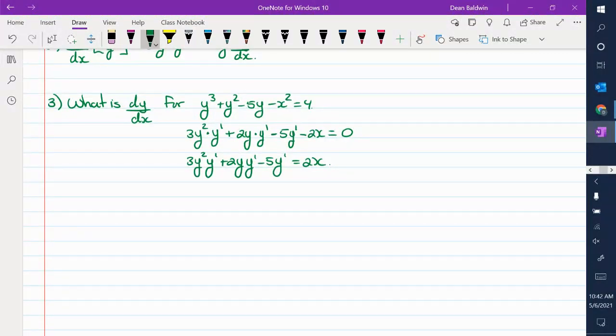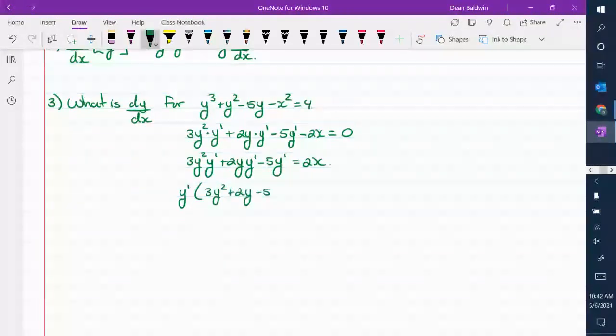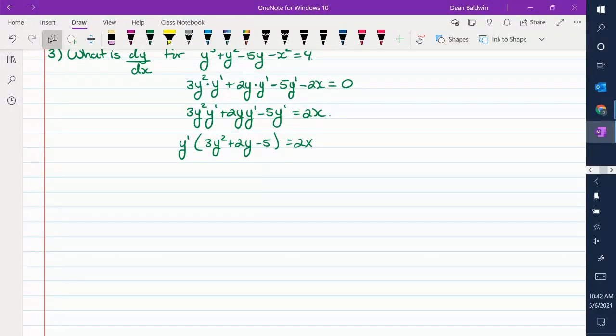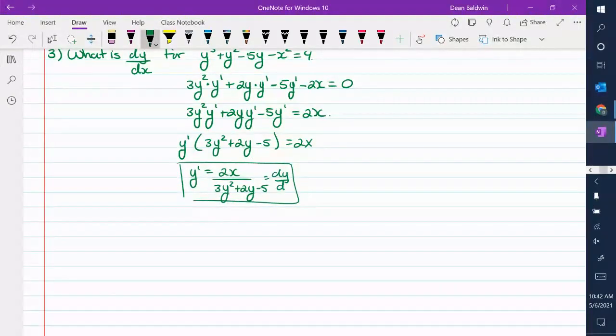Factor out y prime. And then divide off everything in brackets. And that's your answer. You could write dy dx.